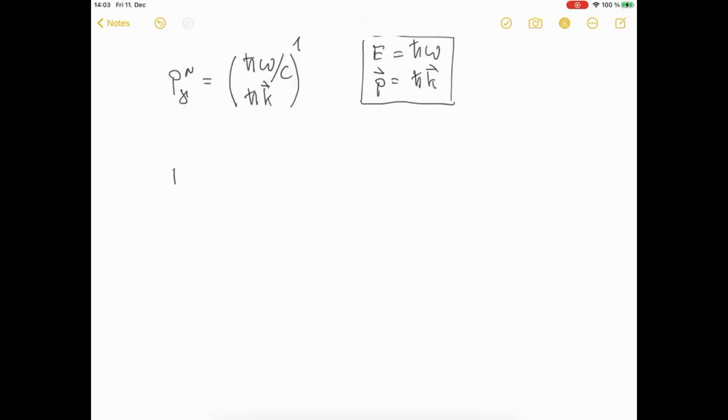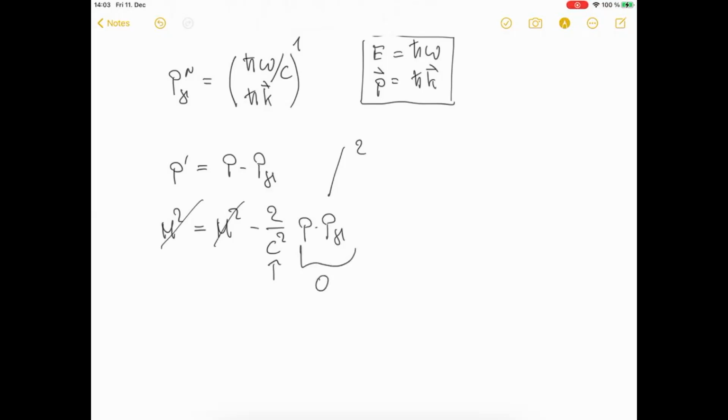Let's see. We know that p prime is p minus p gamma, and we can square this. And we're going to find m squared on the left and m squared minus 2 over c squared times p dot p gamma. Because this goes, we know that this has to be 0.